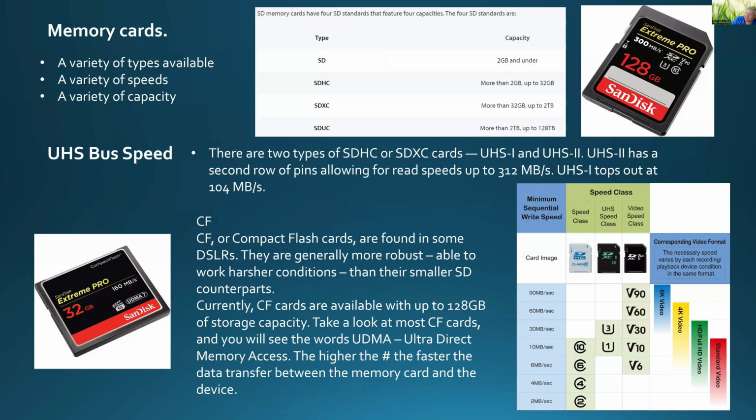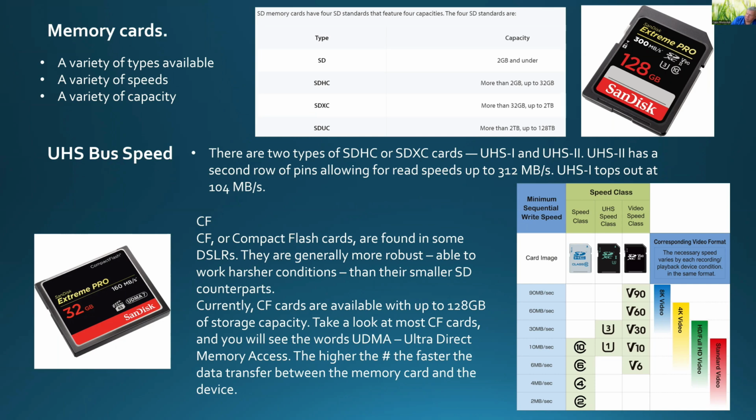And oh yeah, the 128 gig, that will put that as an SDXC card, as you can see in the center at the top there. SD cards are 2 gigabytes and under, SDHC up to 32, SDXC, which that one is, up to 2 terabytes.